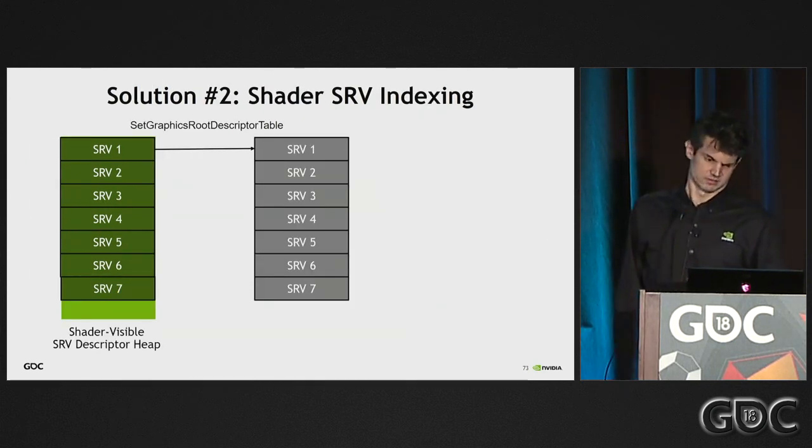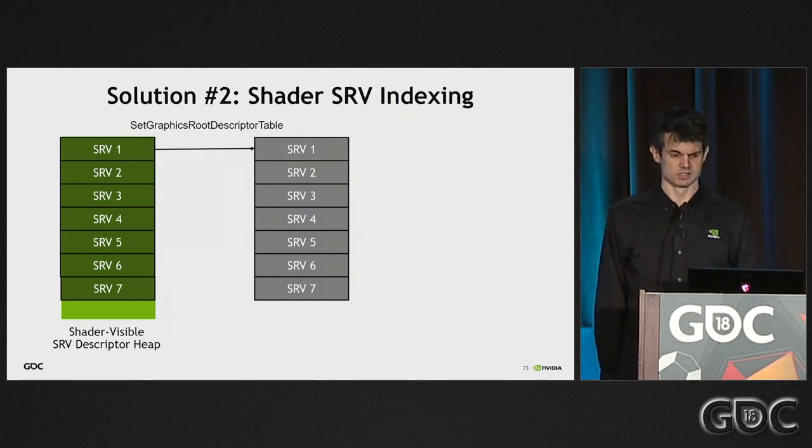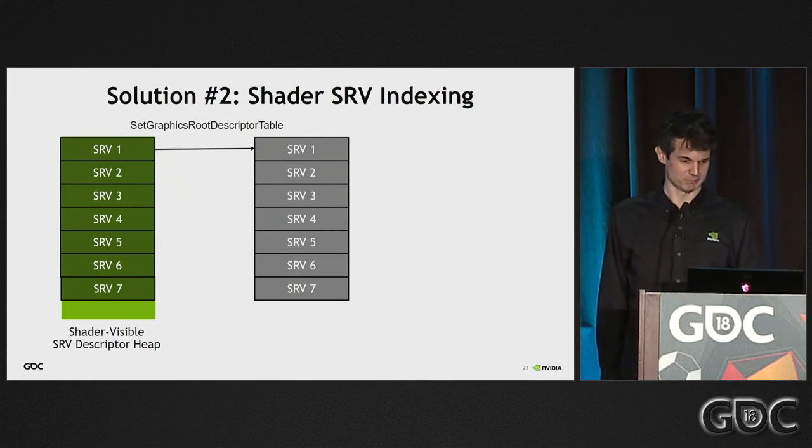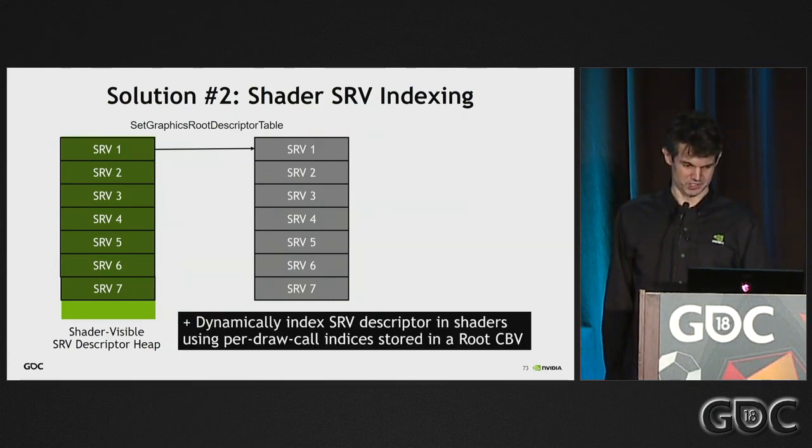The second solution is to just do shader SRV indexing, also known as bindless texture. And this is really easy in comparison, conceptually easy. You track all of your unique SRVs for your frame and put them into your shader visible descriptor heap.